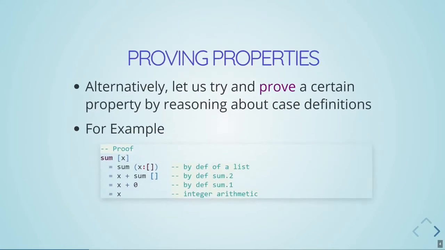So let's start with the left-hand side, the sum of [x], okay? So we know by the definition of the list, I've shown you before that this is how a list is defined, [x] is defined as x colon the empty list. We have the sum of x colon the empty list.